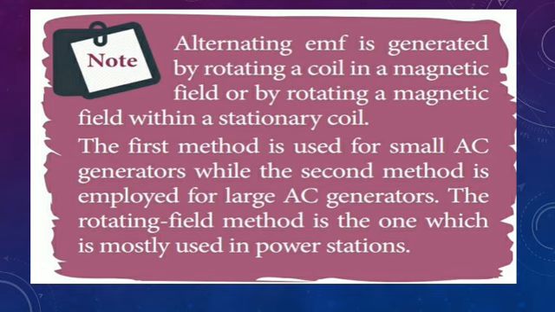There are two methods. The first method is used for small AC generators, while the second method is employed for large AC generators. The rotating field method is the one most used in power stations.